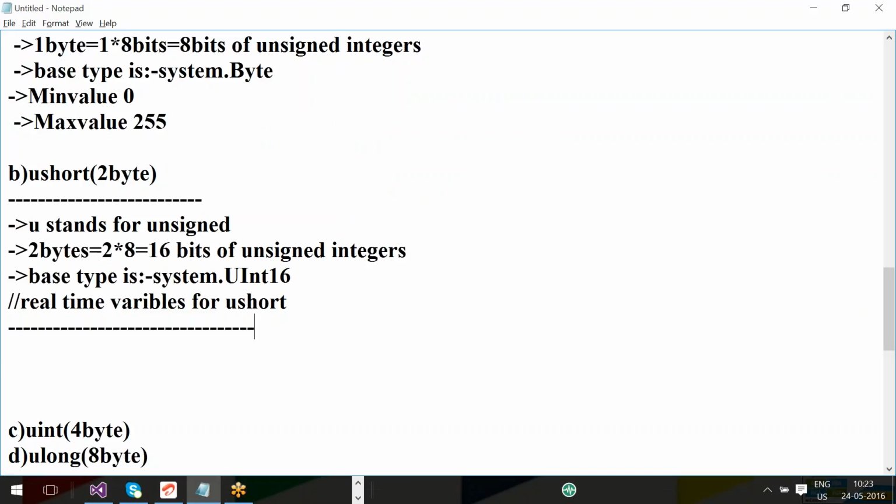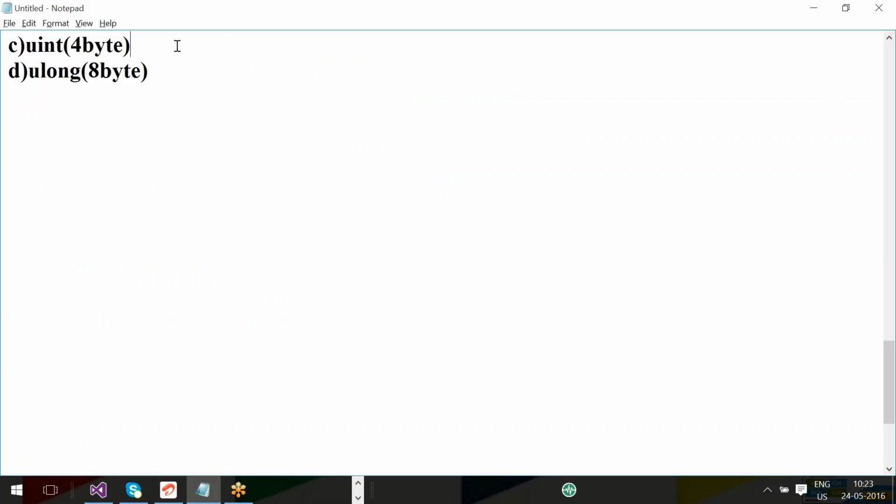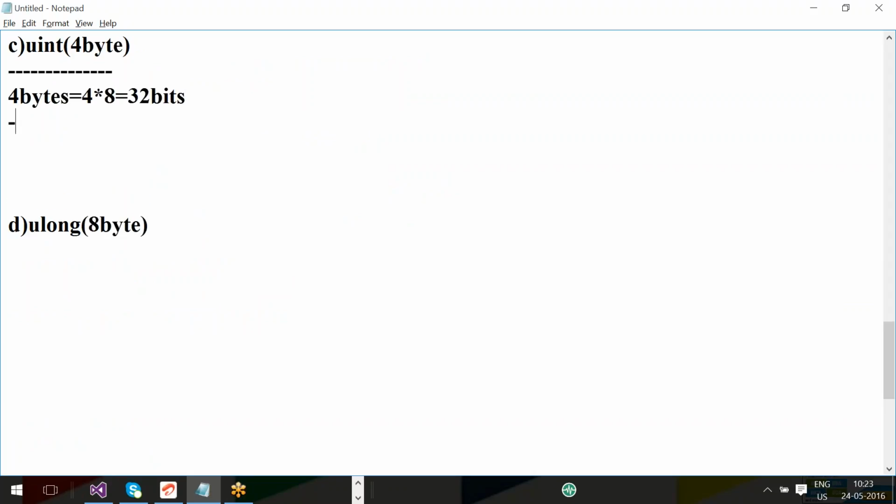Next, we are going for the next data type that is called uint. U stands for unsigned. Same story again. Predefined size is 4 bytes. 4 into 8 equal to 32 bits of unsigned integers.